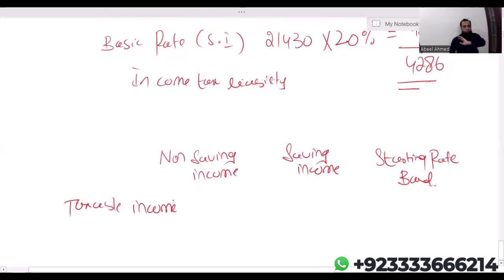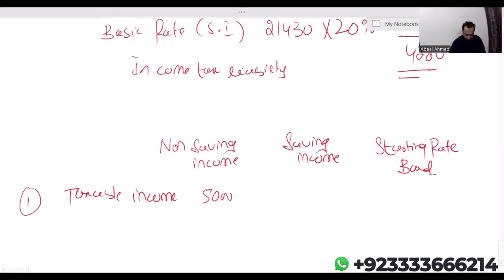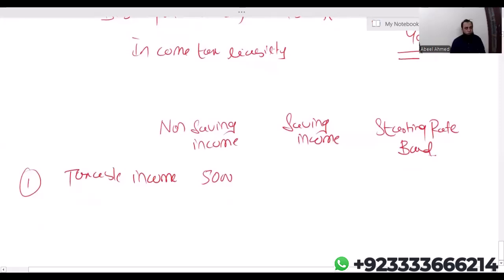Let's say you have deducted the personal allowance, case 1, and assuming the non-saving income is 5,000. Non-saving income is 5,000. Now, in the column of non-saving, after deducting, let me make it like this, starting rate band for the saving income.